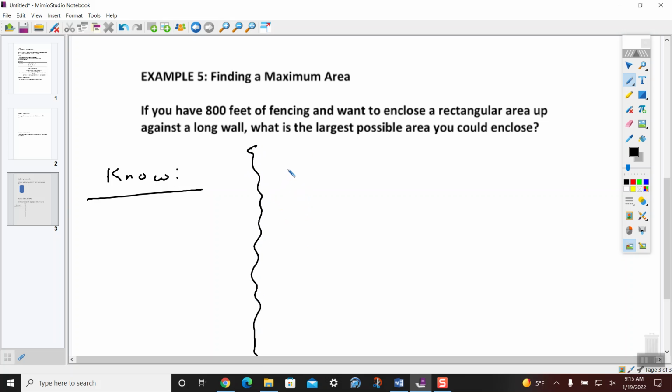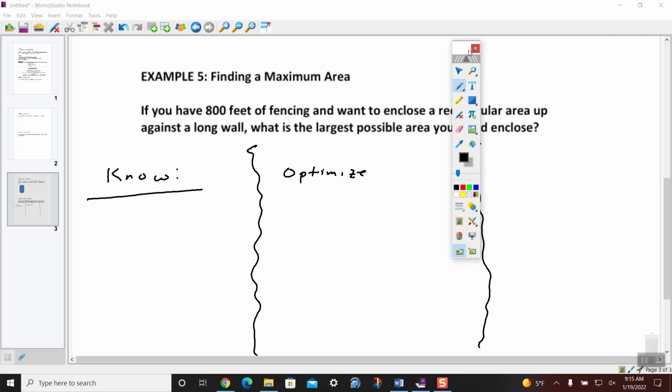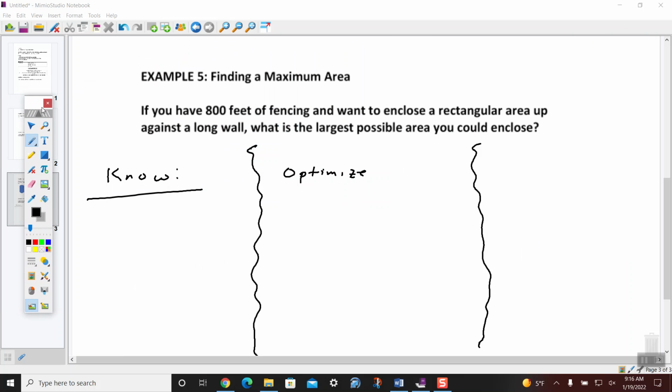And once we've optimized this, we put our solution down. So we'll put our solution down here. Let's see what happens here.